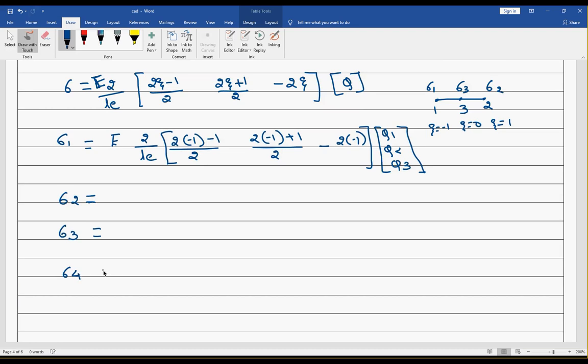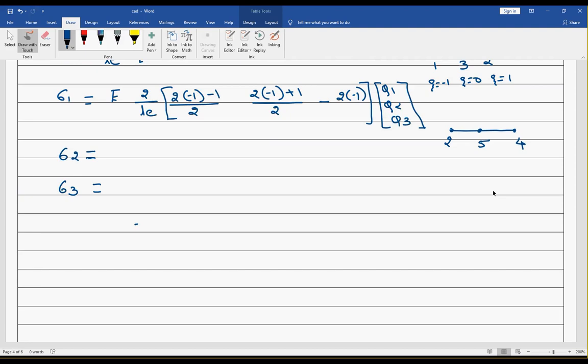Now for sigma 4, it will be E 2 by LE. First I need to calculate sigma 2. Let me draw it, and then we will understand what I am trying to say. For element 2, this is node number 2, this is node number 4, and this is node number 5.